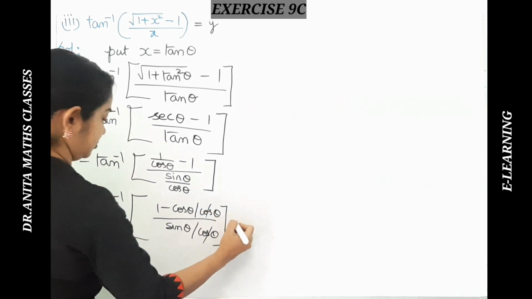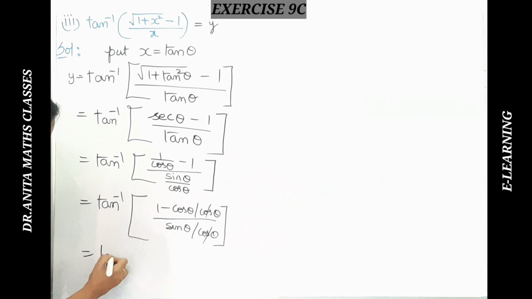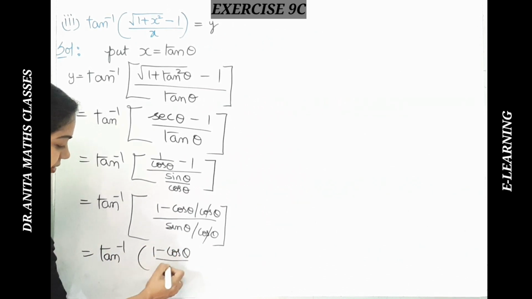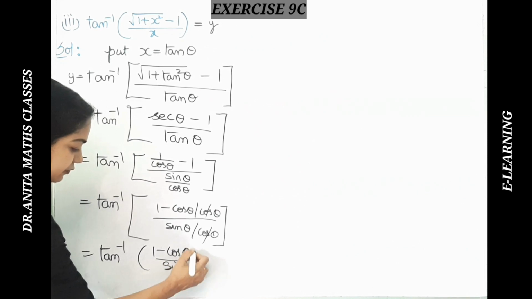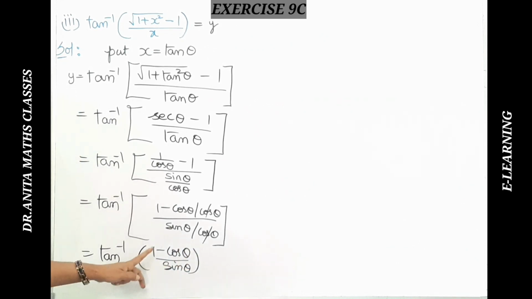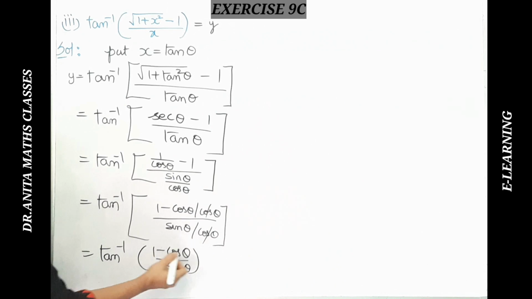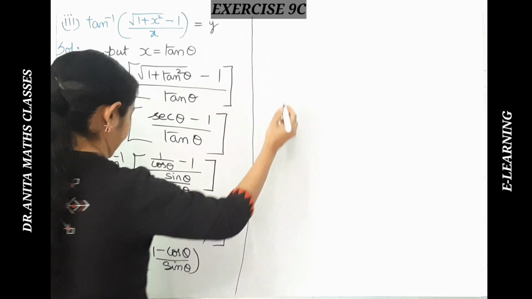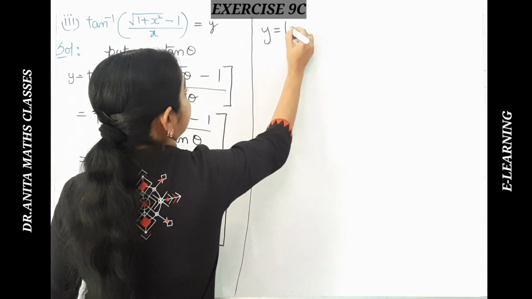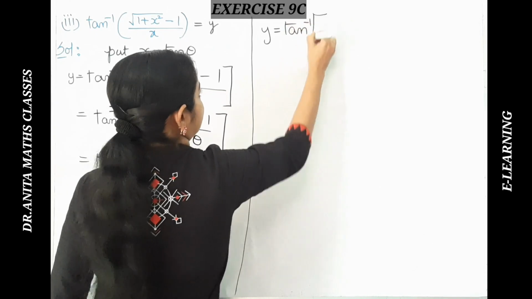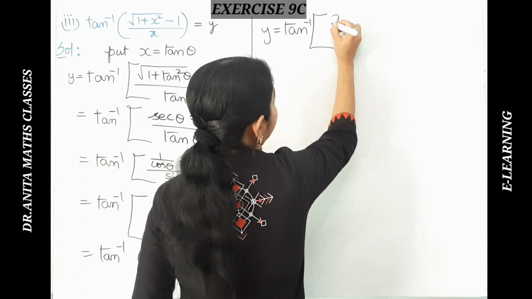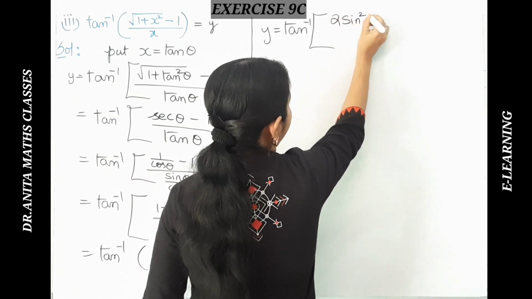So this comes to tan inverse of 1 minus cos theta by sine theta. Still we need to get it in the form of tan. So 1 minus cos theta, you can write in the form of half angles: y equals tan inverse of, 1 minus cos theta in half angle formulas becomes 2 sine square theta by 2.